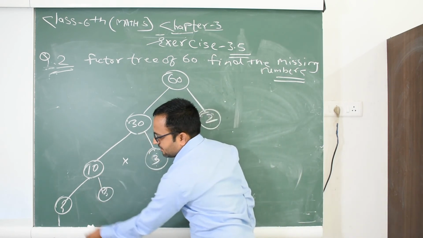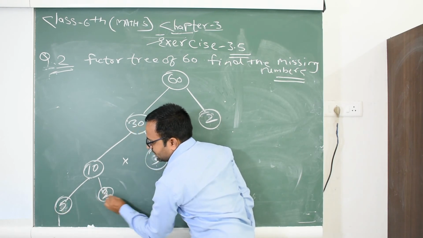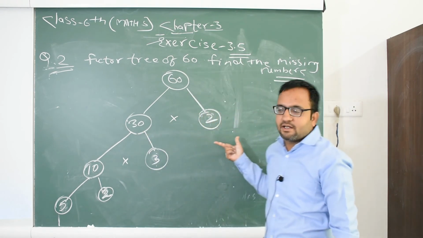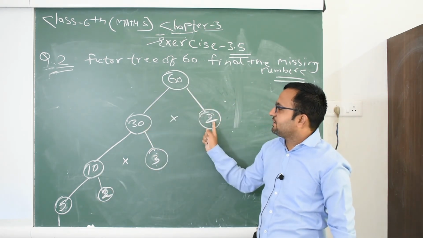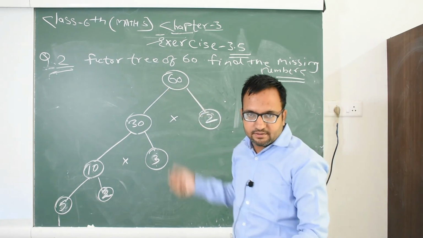Here 10: 5 twos are 10. So 5 twos are 10, 10 threes are 30, and 30 twos are 60. So your factor tree is completed.